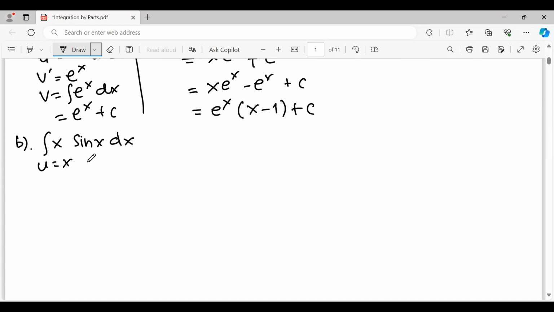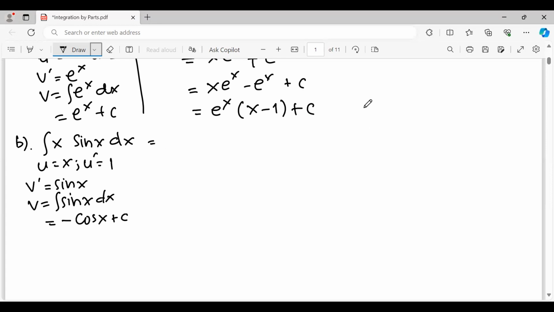So derivative u equals 1. And derivative phi is sin x, so phi is the integral of sin x dx. Integral of sin x equals minus cosine x plus c.